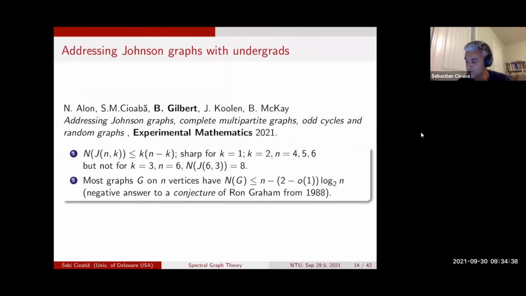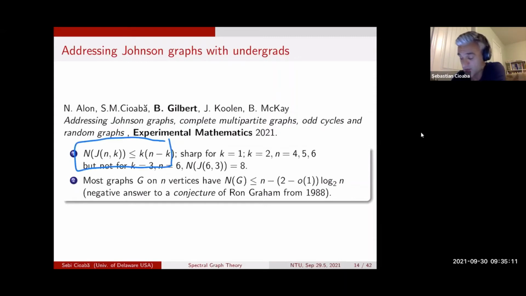Later on, I had another undergraduate student, Brendan Gilbert, and I gave him this problem with Johnson graphs. He wrote a computer program to do a backtrack algorithm to look for this addressing. Later on, he reverse engineered the program to theoretically describe the scheme of addressing, and I helped him prove that the upper bound for J(n,k) is k times (n minus k).